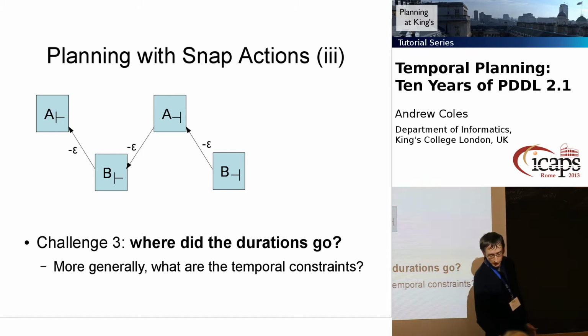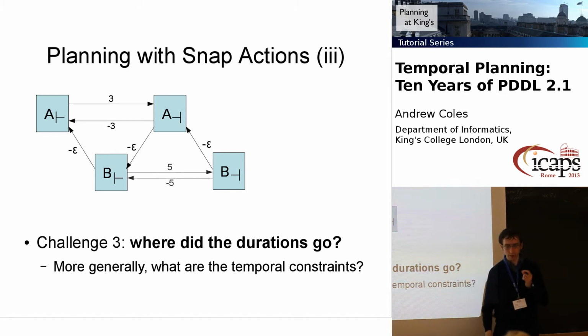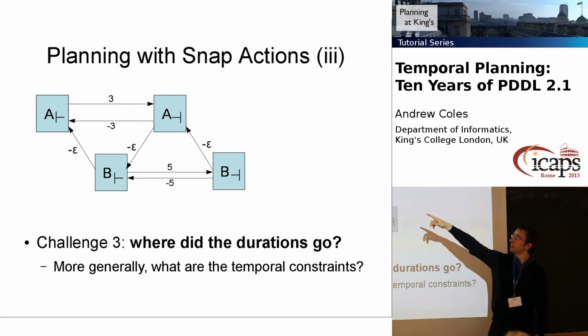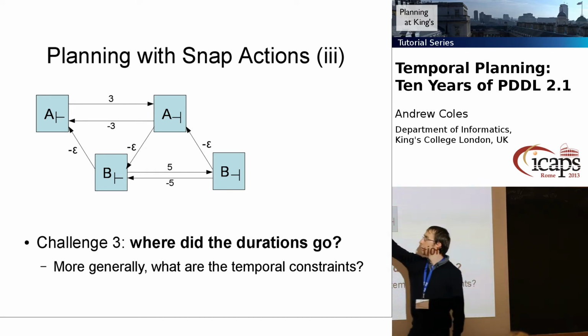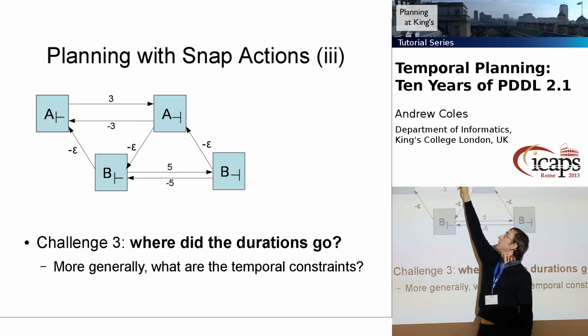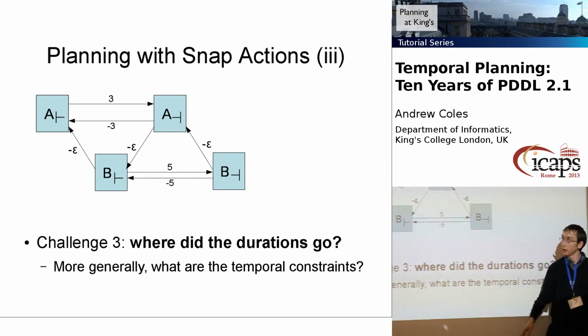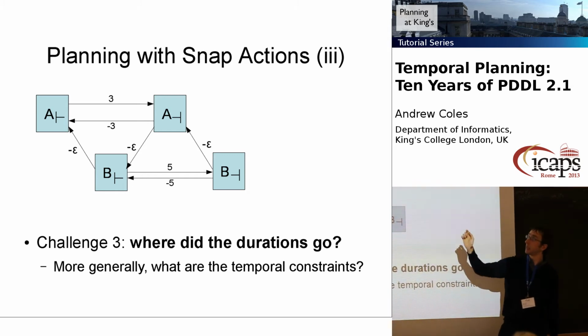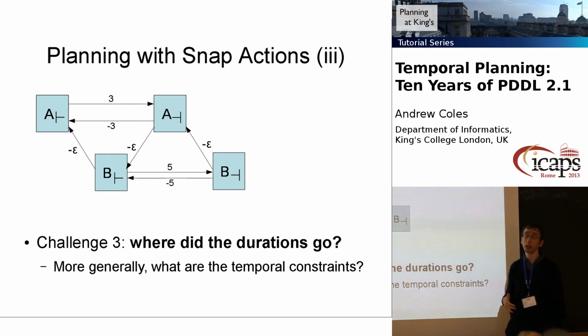Now we're doing temporal planning. Well, we also have these extra constraints that represent the durations of the actions. So say action A has a duration of 3, then we would have a pair of edges in this representation here, which would say the maximum amount of time that can elapse between here and here is 3 time units, and then working backwards, the minimum amount of time that can elapse between there and there is 3 time units.